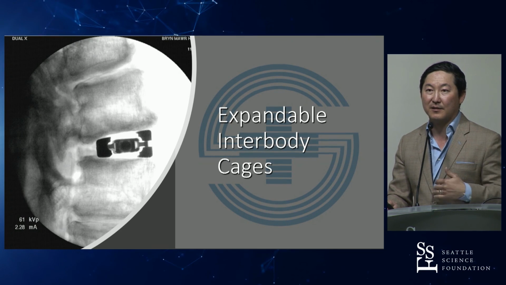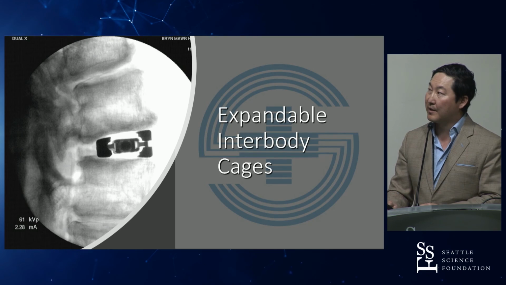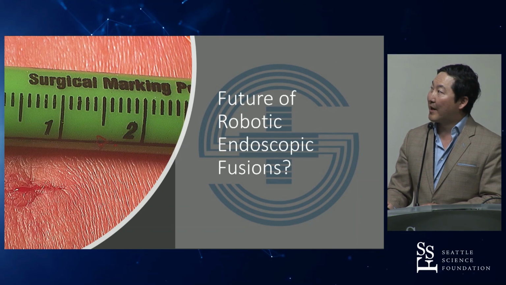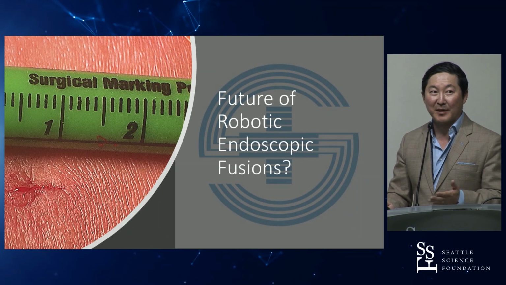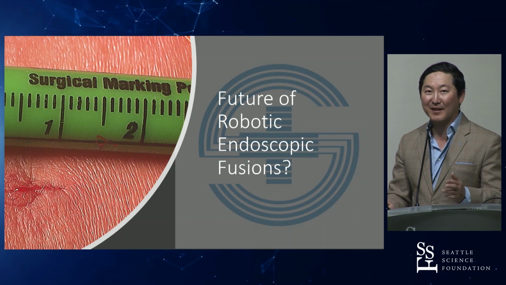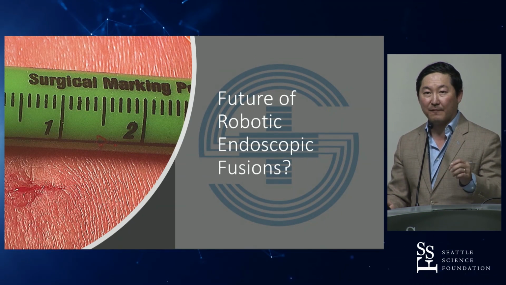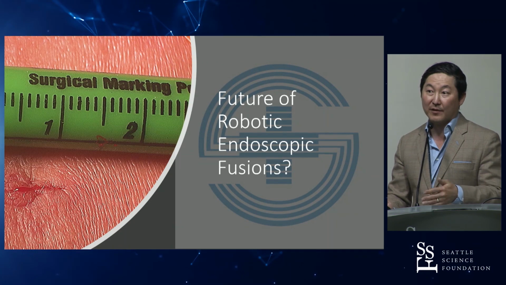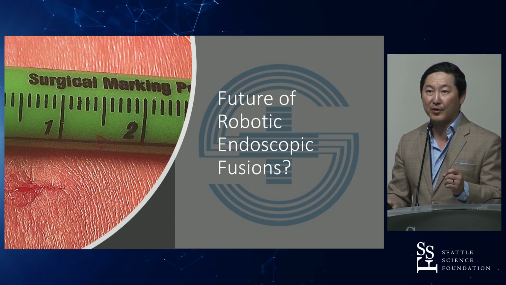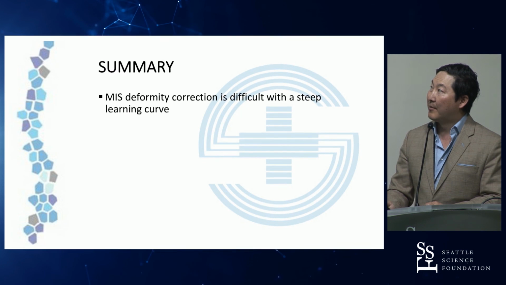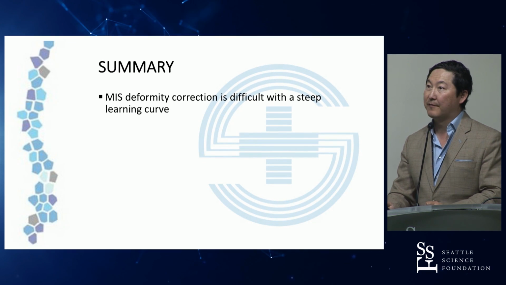So this evolving technology is one that we're really keeping a close eye on. So the future of robotic endoscopic fusions, you might think that sounds crazy, but I think that's probably the future, where we can probably control the robots endoscopically to have visualization and then perform even long constructs through percutaneous means.